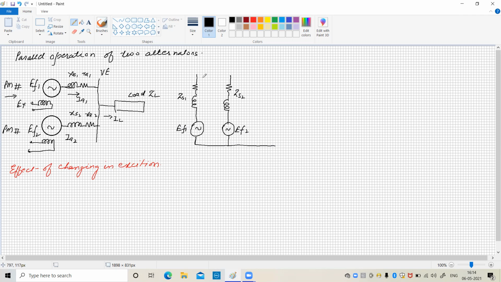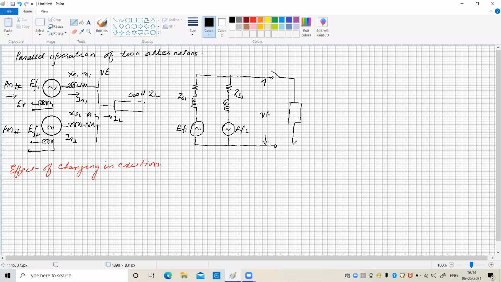So here it is connected in parallel. So now these two alternators are in parallel under no load condition. So this is the excitation voltage, and here we can say that this is the terminal voltage Vt. Now we can connect a load on the alternator. So we want to examine what is the effect under no load condition and what is the effect under load condition.